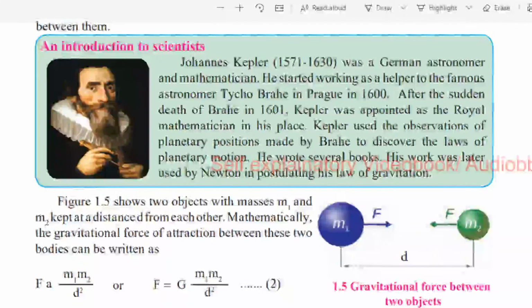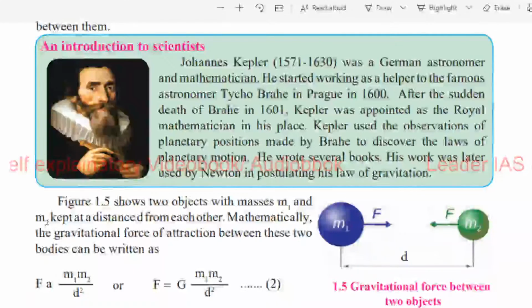Figure 1.5. Gravitational force between two objects. See the force. Figure 1.5 shows two objects with masses m1 and m2 kept at a distance d from each other. See in the picture.